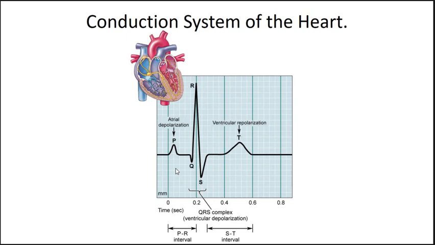Now, when you think back to learning about depolarization and repolarization in your nervous system lectures, a cell needs to depolarize, and then it will be followed by a contraction. And the state of repolarization is bringing it back to its resting state.